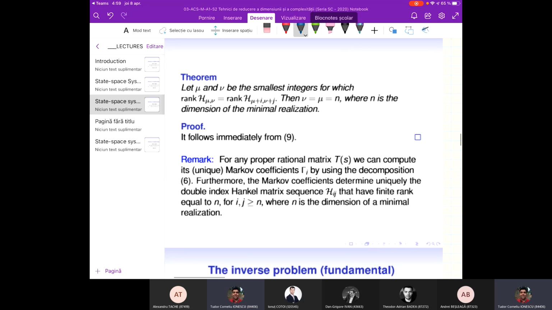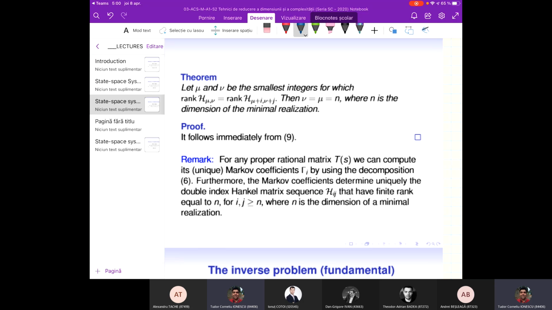All right. Now, we consider mu and ni the smallest integers for which the rank of the Hankel matrix up to mu and ni equals the rank of the Hankel matrix up to mu plus i, ni plus j. Then, if this is the smallest integer for which this relation is correct, then mu equal to ni is the dimension of the minimal realization.